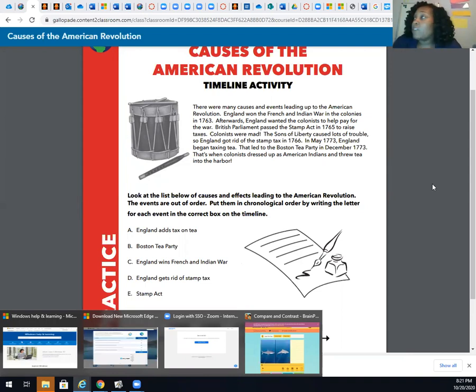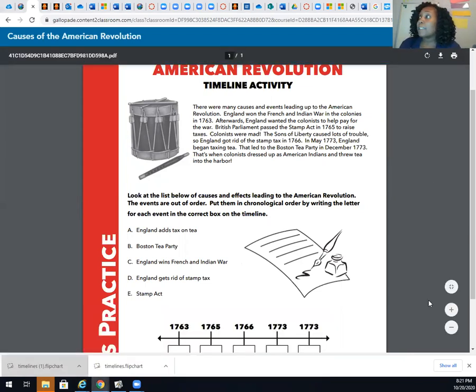So I'm going to read it first so I can understand my events. Okay, there were many causes and events leading up to the American Revolution. England won the French and Indian War in the colonies in 1763. Afterwards, England wanted the colonists to help pay for the war.